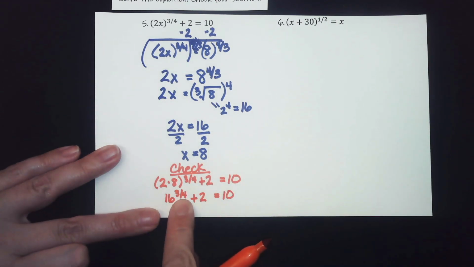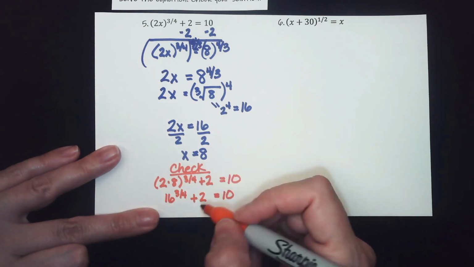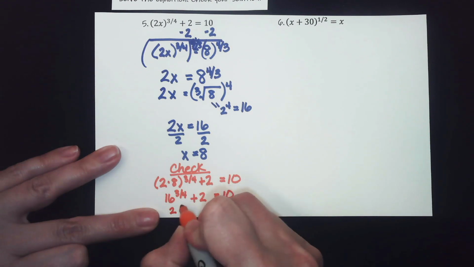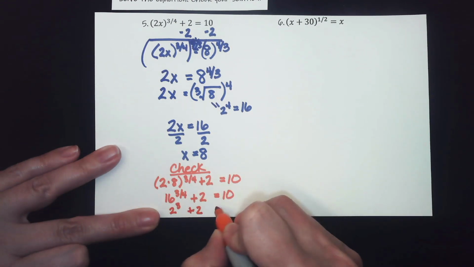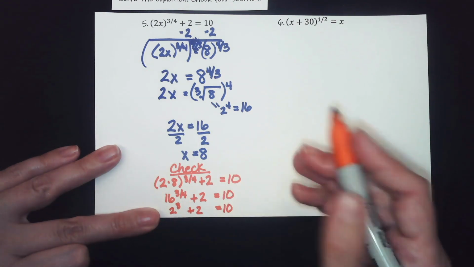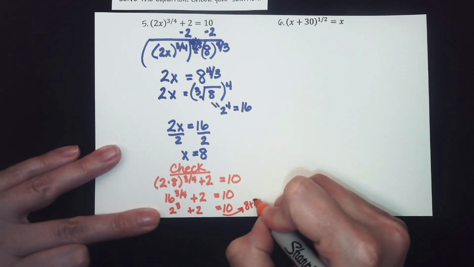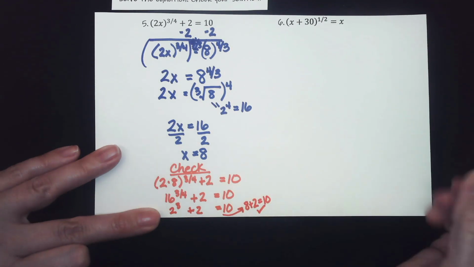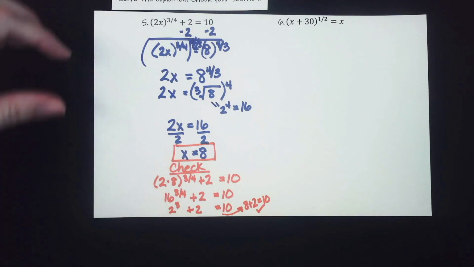Okay, so I want to take the 4th root of 16, okay, and that's 2, and then I have 2 cubed still, plus 2 equals 10. 2 cubed is, I'm going to write it over here, sorry, I kind of ran out of room, is 8 plus 2, and that does equal 10. So this checked out. 8 is our solution. We have no extraneous solutions.